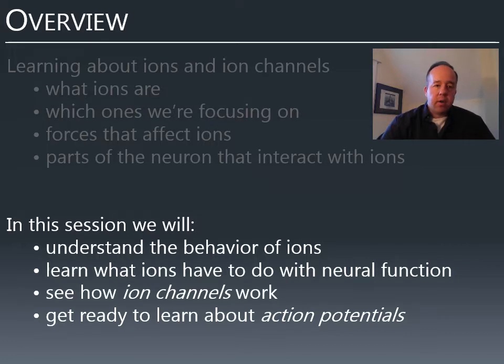So we talked about the parts of a neuron, the dendrites, the axon, and an action potential is the electrical signal that goes from the end of the cell body down the axon to the axon terminals. So we're going to get ready to learn about that process. We're not going to cover it here, but we need our background in ions and ion channels. That's going to set us up to learn about action potentials.